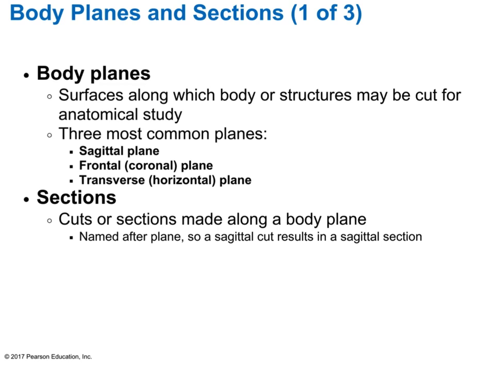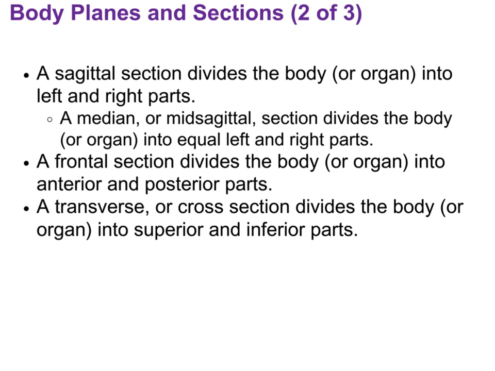We've talked about the three most common planes, but there are others like an oblique section, which is a diagonal section of the body. So make sure that you review the three types of planes, such as a sagittal section, and what median versus parasagittal means, a frontal section, and how it separates the body into anterior and posterior parts, and that a transverse section is also known as a cross section or horizontal section, and separates the body into a top and bottom.